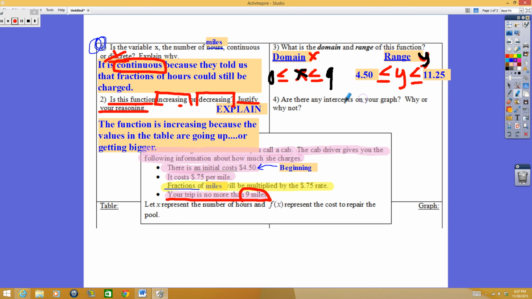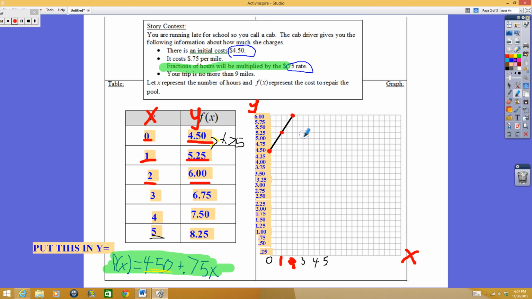So are there any intercepts on your graph? Remember, an intercept is where this line either touches the x-axis or the y-axis. And you can see pretty easily that there's a point right here on the y-axis. That is really ugly.